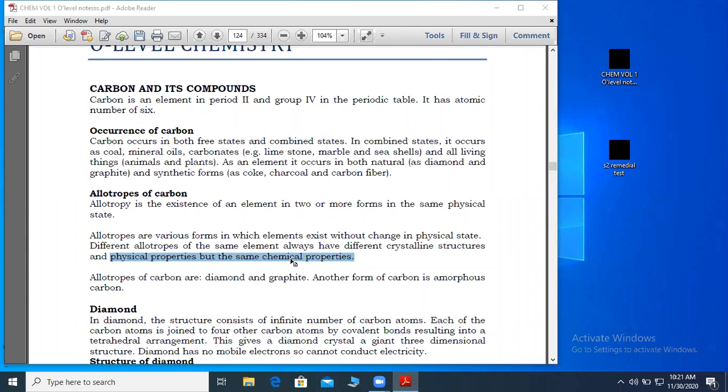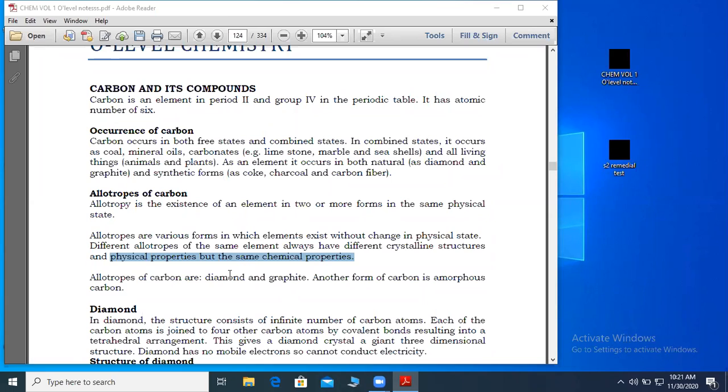The reason is because they are just forms of one element. It is still one element, but it is existing in more than one form.